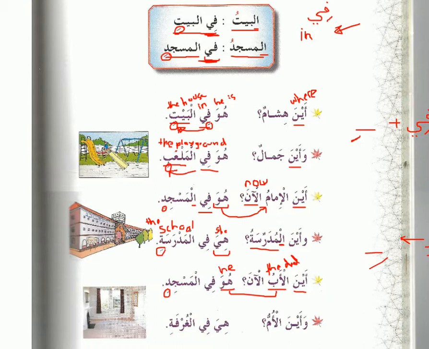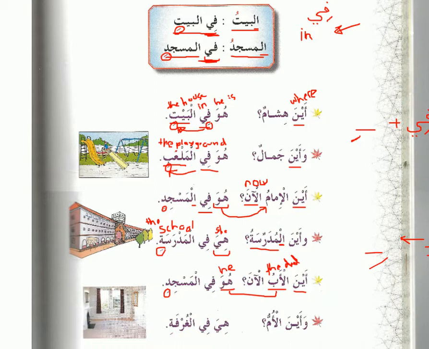Why can we not use man? Man means who. Yes, the huwa replaces the dad. Man means who. We're not asking a question like who is the dad. Ma means what?